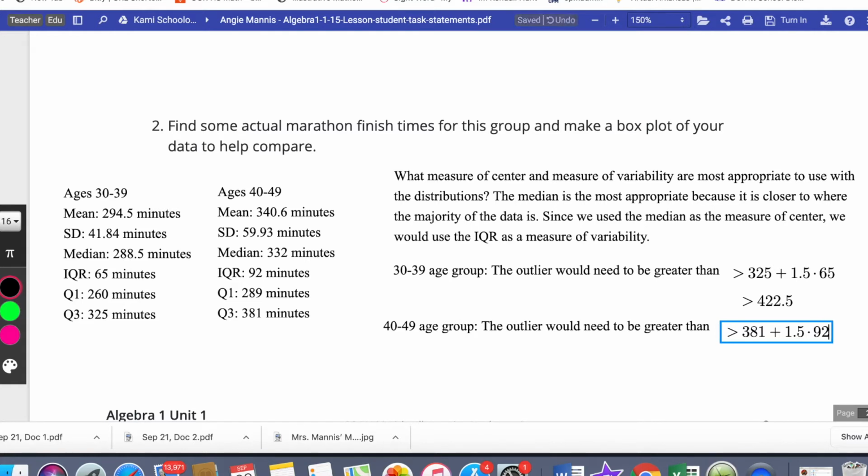So let's calculate that: 1.5 times 92 plus 381, and we get 519.